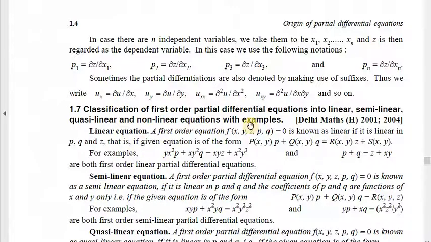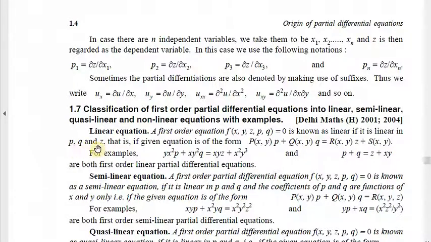Now the first thing is classification. What is a linear partial differential equation? A first order equation of this type, f(x, y, z, p, q) equal to 0, if you have an equation of this form, is known as a linear differential equation in p, q and z. So p, q and z should be linear, the power should be 1.